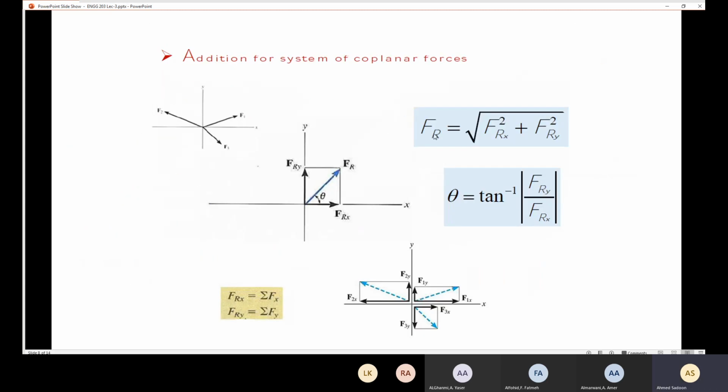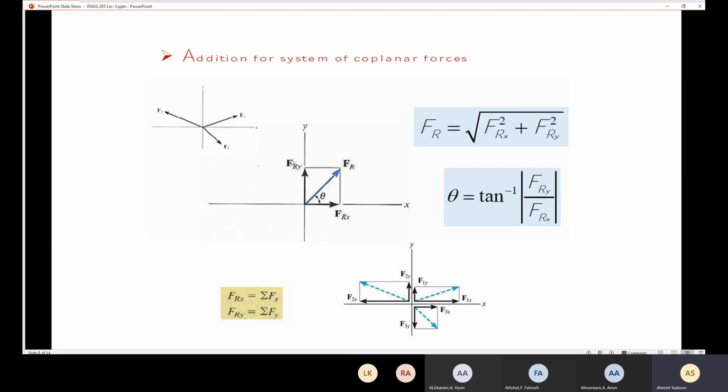So now Fr equals the summation of Frx squared plus Fry squared, where Frx is the summation of the forces in x axis and Fry is all the forces in y axis.